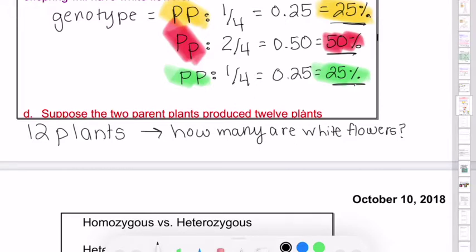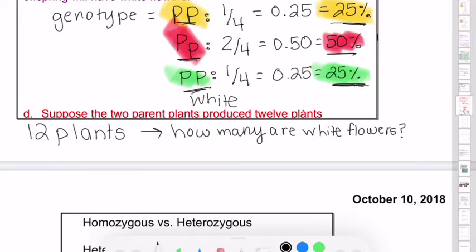Well, if we look at these, big P would make it purple. This is big P, which would make it purple. So in our probabilities, the only one that is white flowers is this. So 25% chance that we're going to get white flowers.